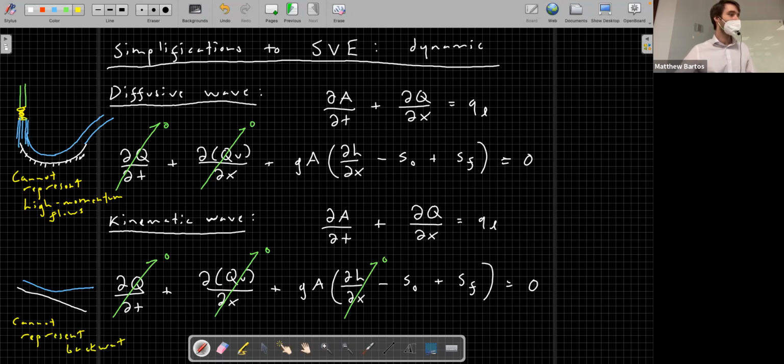So keep those in mind when you go to model these systems later in class. If you have a system where backwater effects are important, you're going to have to use either diffusive wave or the full dynamic wave equations as provided in these solvers.